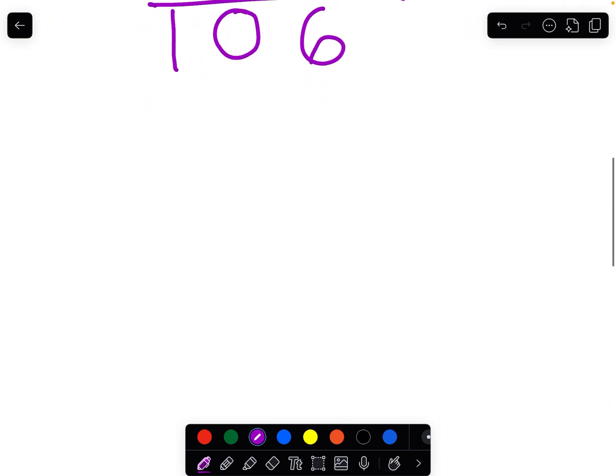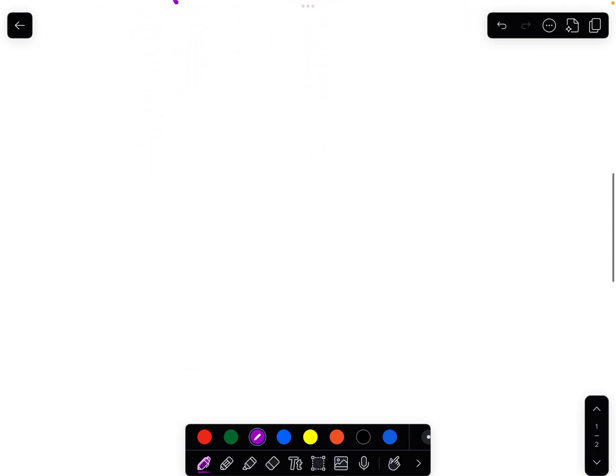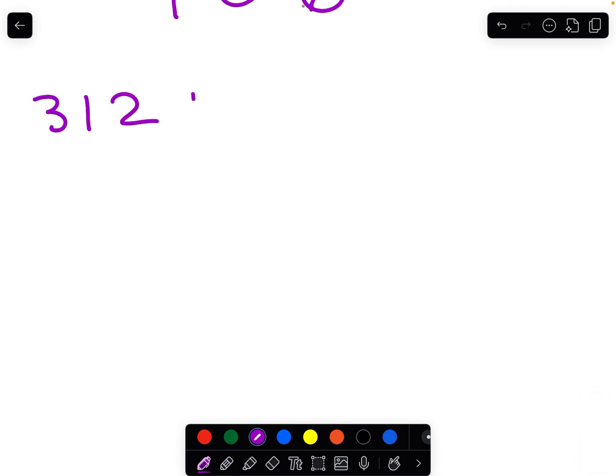Where these steps get even more important is when we have 3-digit numbers. So check it out. I'm going to add 312 plus 509. Again, I see kids sometimes putting the numbers in the wrong place, so we really have to keep our place value correct.